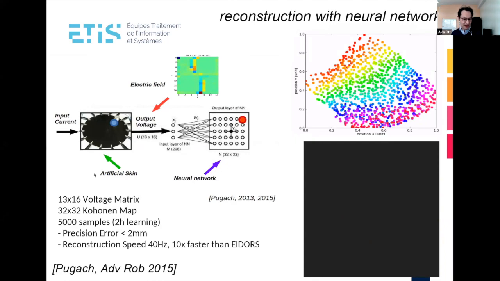So we have shown that by learning, we can be really fast. We have a really small precision error and a fast reconstruction, 40 Hz, which is 10 times faster, but model-based, which is something interesting.